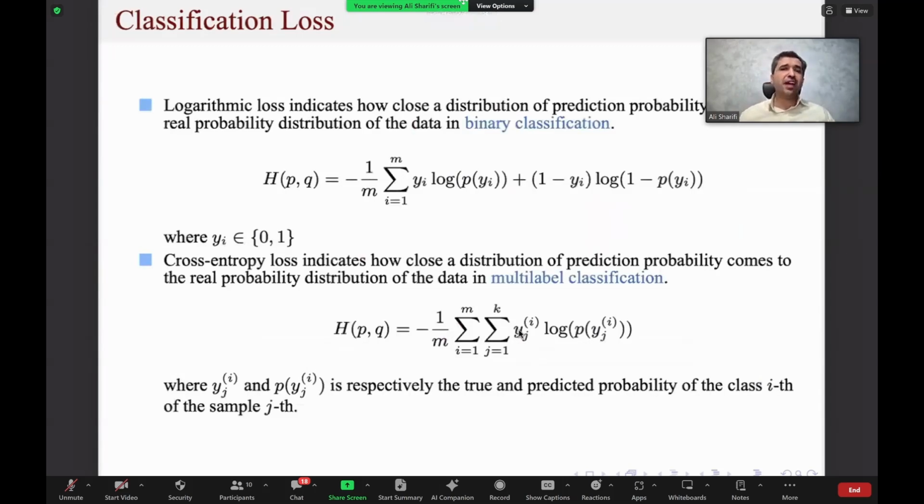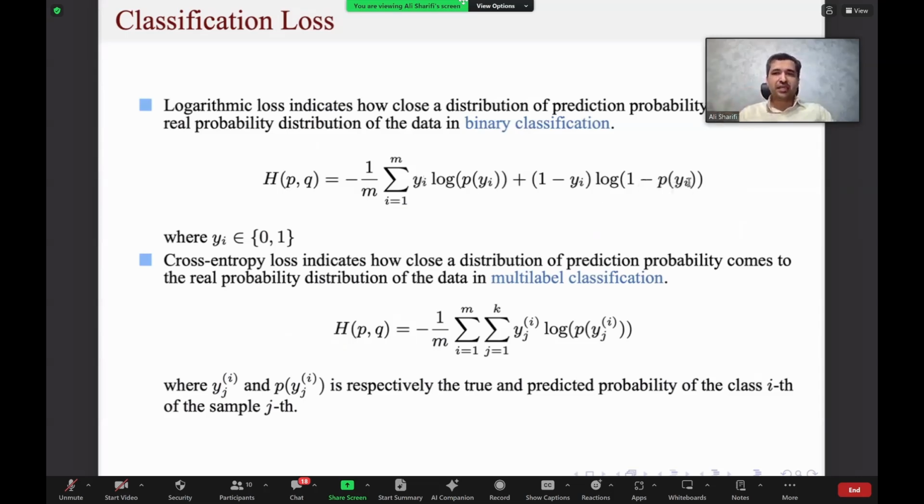And we have loss functions for classification problems. Whenever we are doing binary classification, we can think about the binary cross entropy function, where yi is the true label of the point. Each sample or point is labeled 0 or 1 regarding whether it belongs to class 0 or 1.